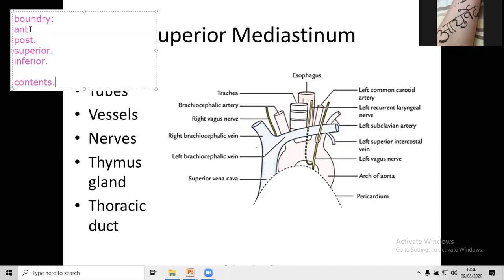So what may be the anterior boundary of the superior mediastinum? The posterior surface of the manubrium.